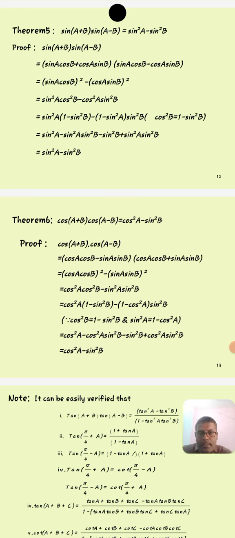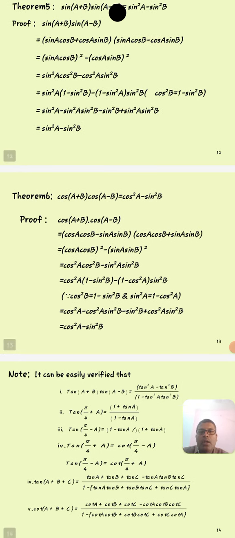Now we have to multiply, simplification: cos square a minus cos square a into sin square b minus sin square b plus cos square a into sin square b. Here plus cos square a sin square b minus cos square a sin square b will be cancelled. We get the proof: cos square a minus sin square b.